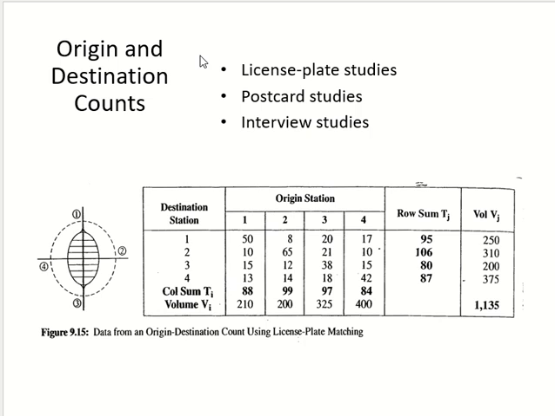Clear? Okay. In license plate study, what do we do? From one zone to another zone, there must be some connection, right? There is a highway going from zone 1 to zone 2, and a highway going from zone 2 to zone 3. So there will be entry and exit points for each zone, and these entry and exit points are the highways.